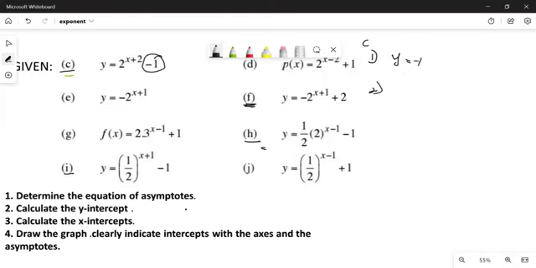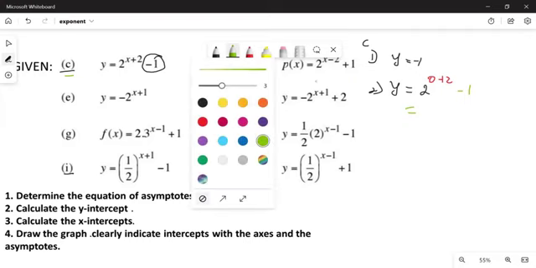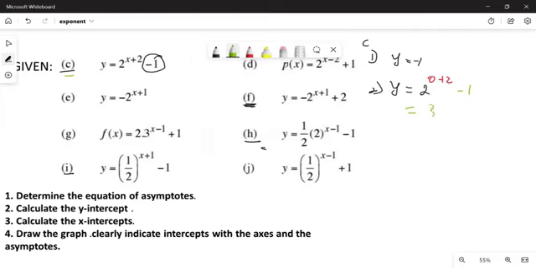Okay, number 2, they say we should determine the y-intercept. Nothing has changed. How do you determine the y-intercept? We should make x equal to 0. Then we have y, which is given as 2 to the power of 0 plus 2, minus 1. If you type this in your calculator, what do you get? You get 3.